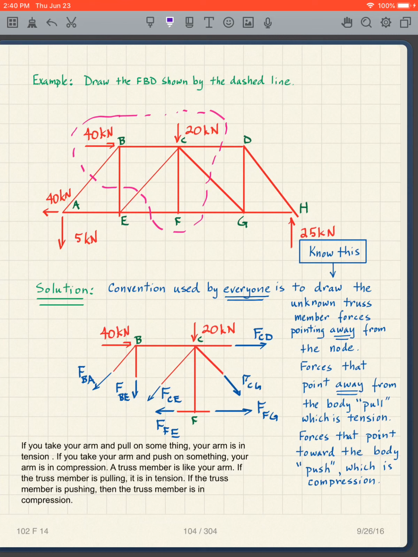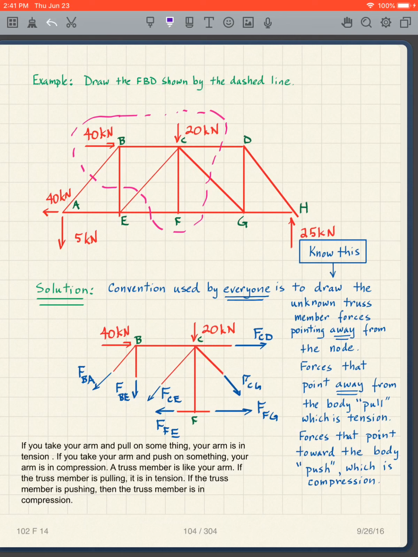Crucial to figuring out the forces in the truss members is drawing the free body diagram correctly. We're going to start with a description of how to do the free body diagram. It's not difficult if you understand basically copy and paste, which I can do. You may or may not be able to do a copy and paste.